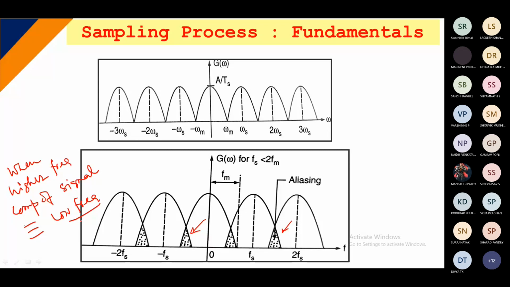Now if you are using a low pass filter, the high frequency signal which is imitating a low frequency signal will be passed on. So this noise, this interference, will be carried forward, and that will eventually add to the detection error at the receiver.